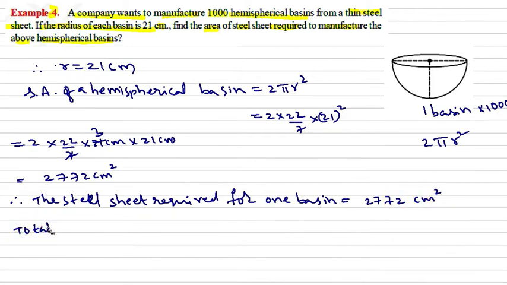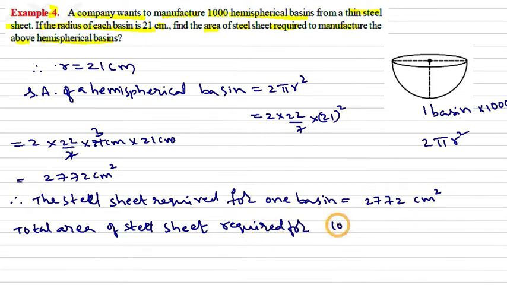Total area of a steel sheet required for 1000 basins is equal to 2772 into 100, which is equal to 2772 100 centimeter square.